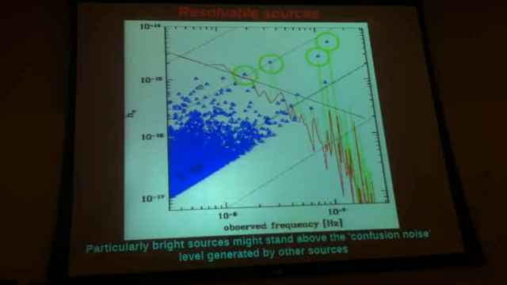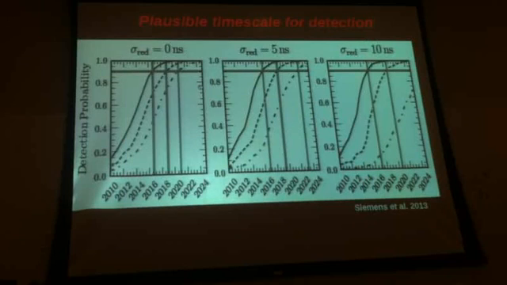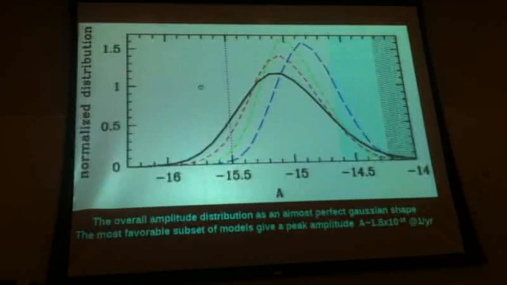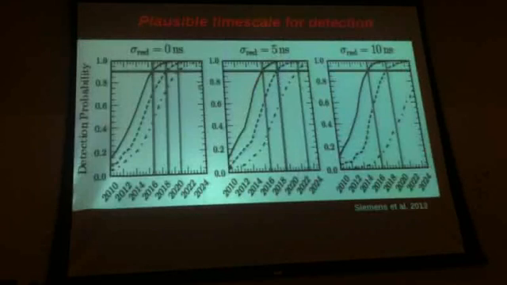And, okay, these are some predictions from colleagues in NANOGrav about when we might detect gravitational waves. These are assuming some properties of the intrinsic red noise of the pulsars. This is probability of detection versus time for 3 models taken actually from this distribution here. Sort of optimistic, average, and pessimistic model.